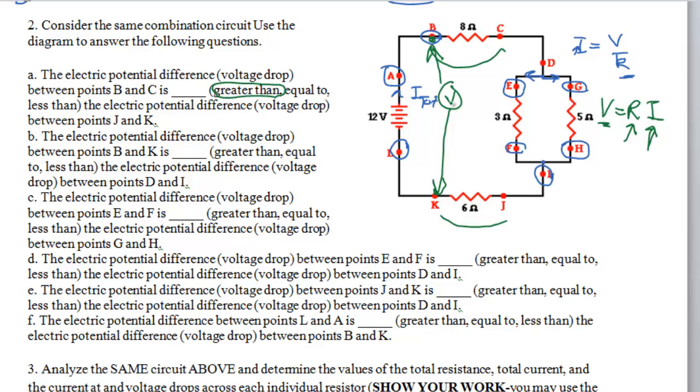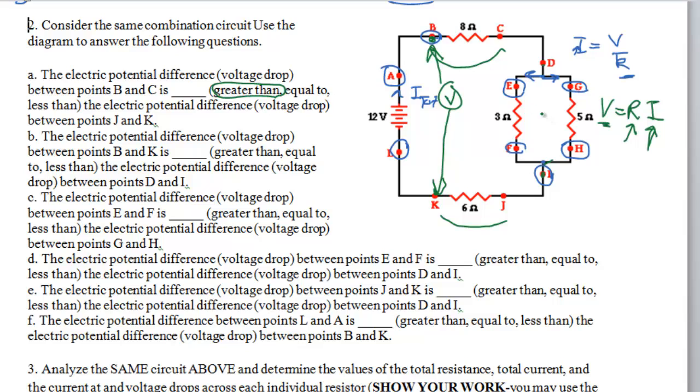So the voltage here is actually 12 volts. So is it greater than, equal to, or less than the electric potential between D and I? Now D and I, the voltage drop across D and I will depend on the resistance that represents the equivalent of the 3 ohm and the 5 ohms.